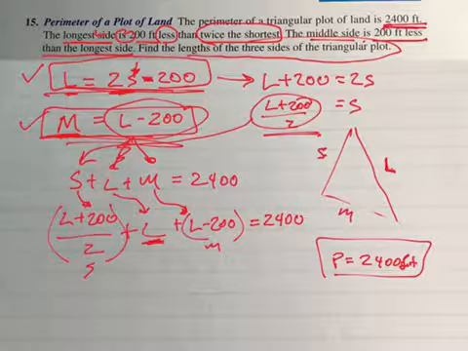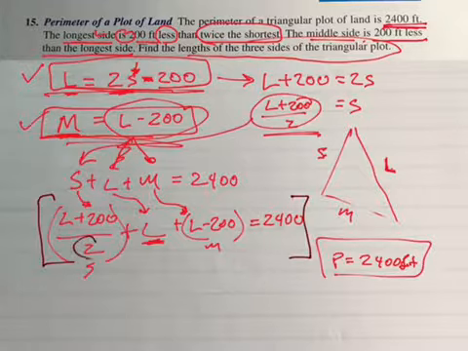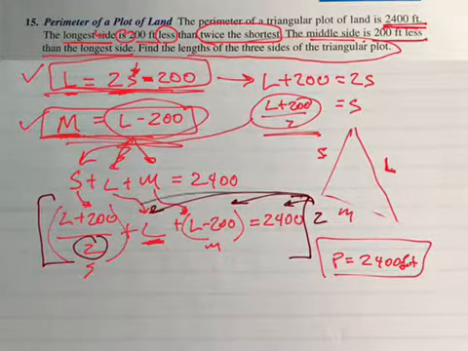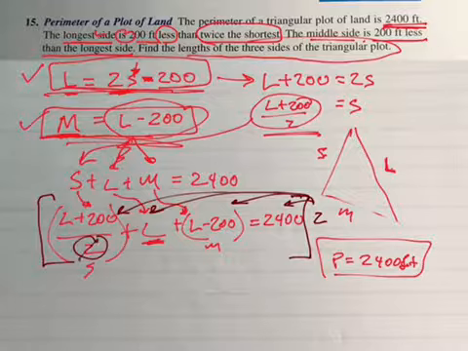So now this is where it goes back to my other videos, where I talk about the best way to solve an equation like this, which is to get rid of the fraction. The way to do that is to multiply everything by 2. Just take this whole equation and multiply it by 2. That way you don't have to mess with fractions anymore. So this 2 is going to cancel with that 2, and you're just going to get L plus 200.